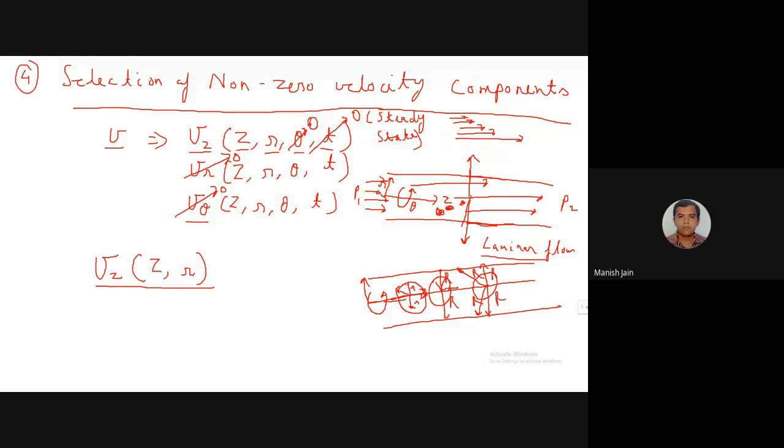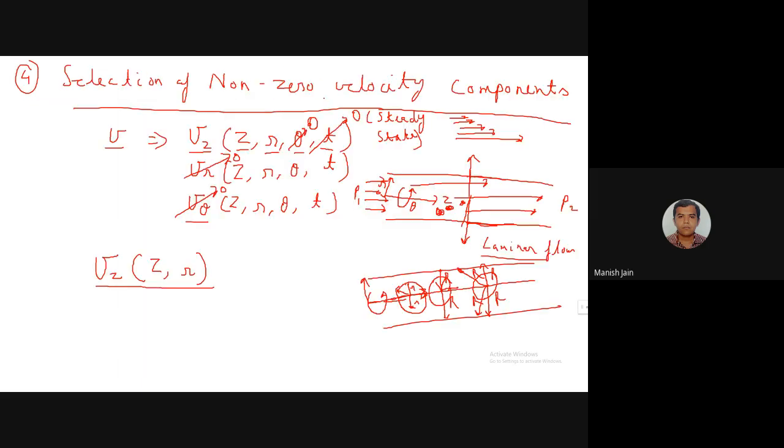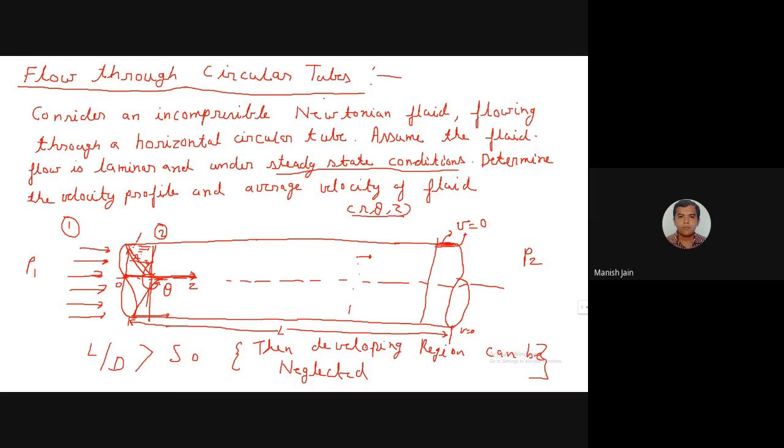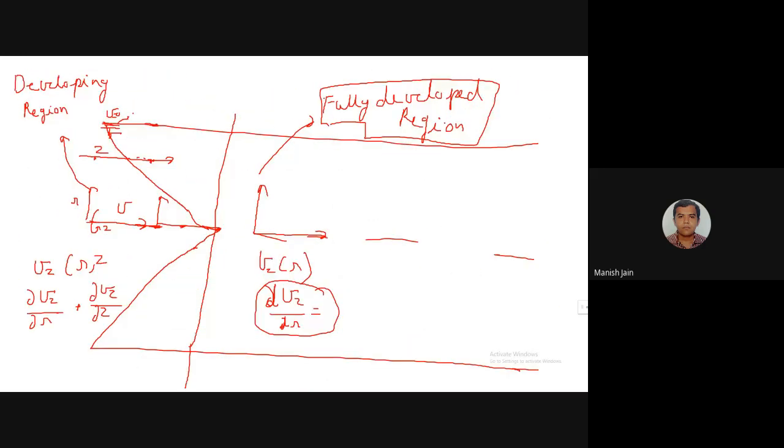Now the fifth point is to use the equation of continuity. So what is the equation of continuity for this? It is an incompressible system, so the density derivative is 0.